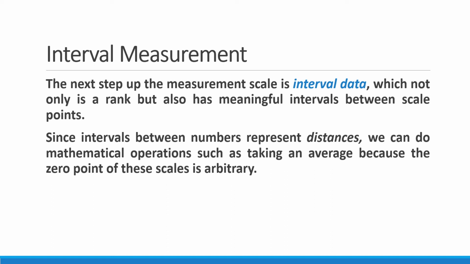So here some of the differentiation between the interval can be applied without applying too much mathematics, meaning that in interval measurement we can add and subtract only. We cannot divide or multiply.